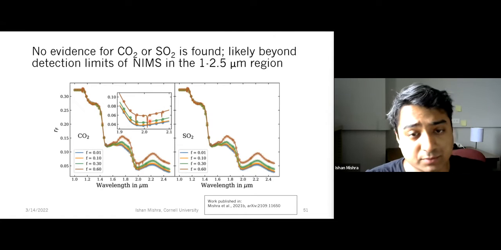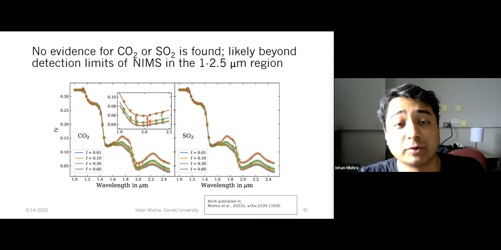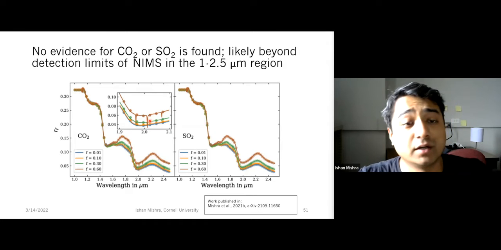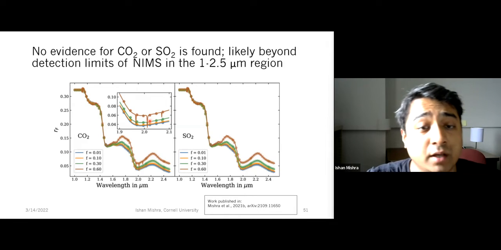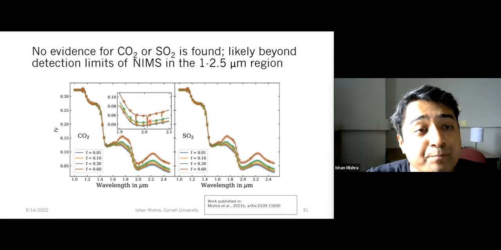So the sharp features were never going to be detected strongly, and the effect on the continuum was not significant enough to give any kind of evidence in our analysis.